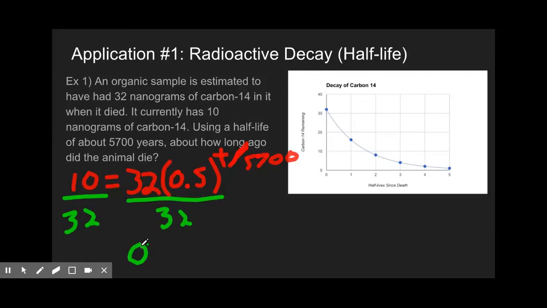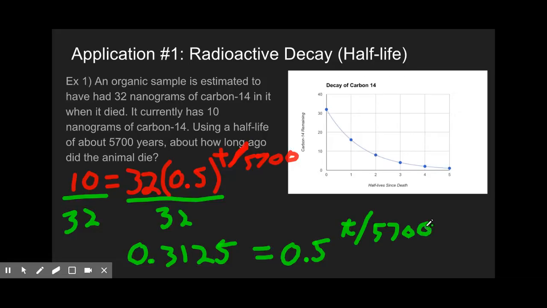Okay, so I get 0.3125 equals 0.5 to the power of T over 5,700. Okay, good so far. So we've done our multiply divide step. Now we're at our exponent step. So we're going to need to change our equation into logarithmic form.